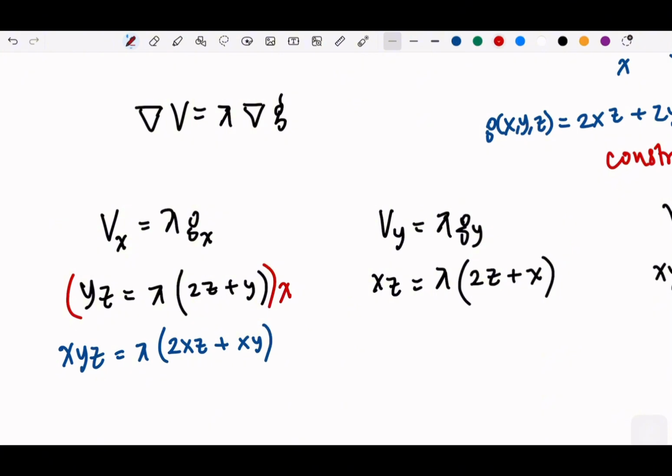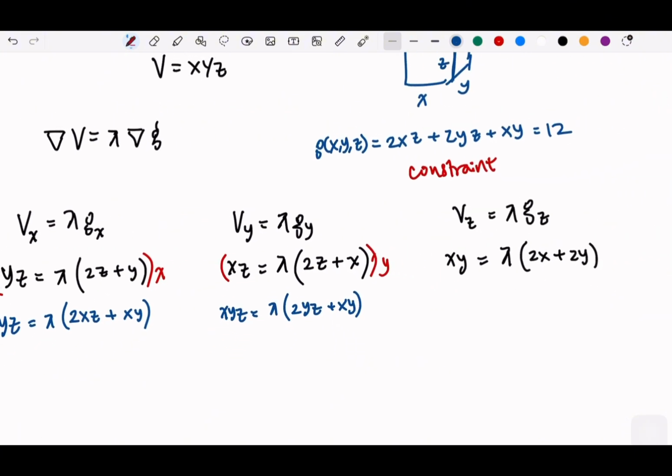And this multiplied with y will get you to this. Okay, and then multiply the z to this one.